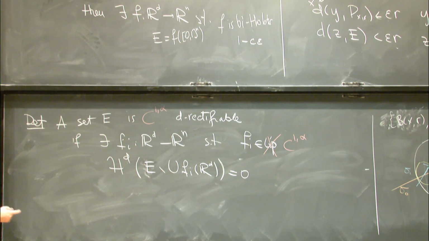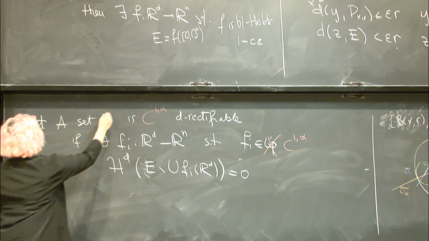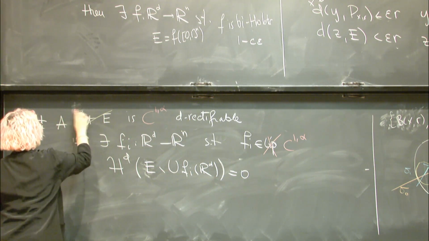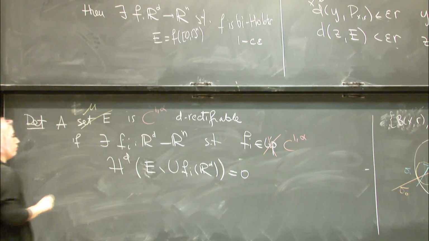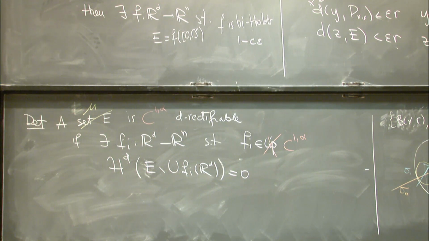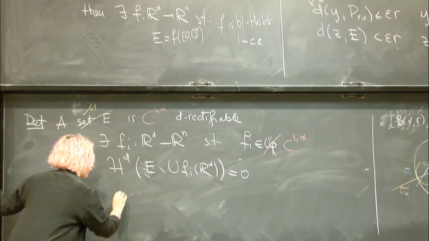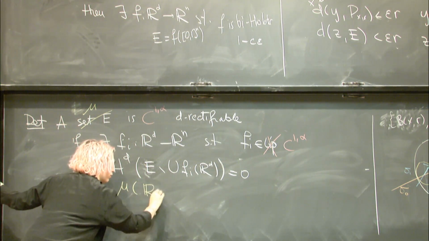And in fact, there is no need to define this for sets. I would like to define this for a Radon measure mu. Mu is C1 alpha rectifiable if there exist maps F in C1 alpha, and now instead of Hd, I put mu.